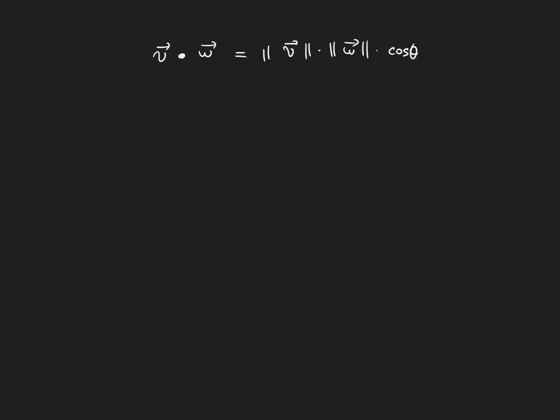We said before that a dot product of v and w is equal to norm of v times norm of w times cosine theta. So when we take absolute value, this absolute value is equal to the absolute value of v and w norm and cosine theta.